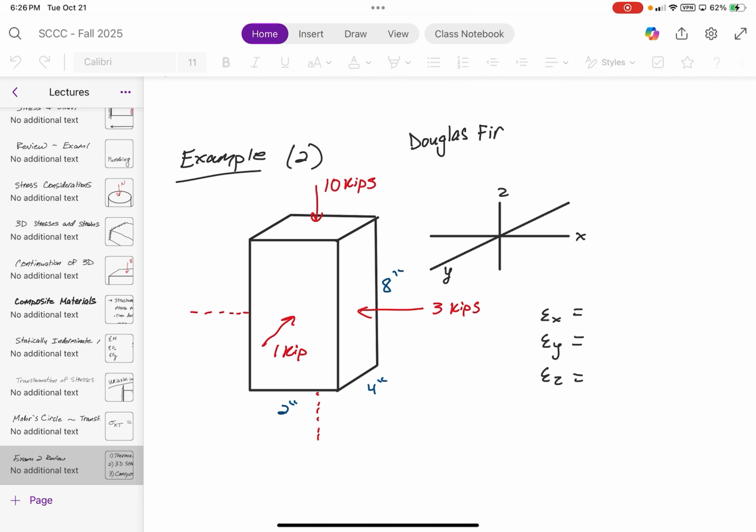Where's my phone? You got it? Not yet? Alright. Which one?